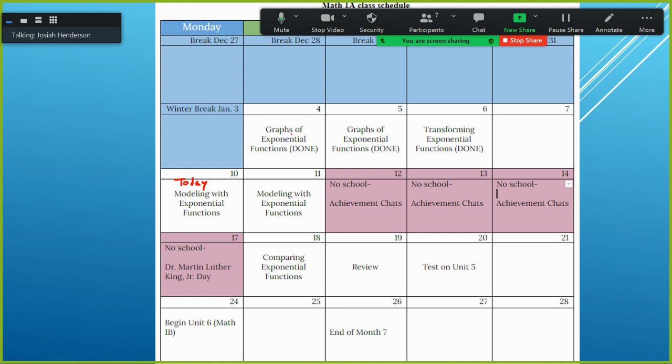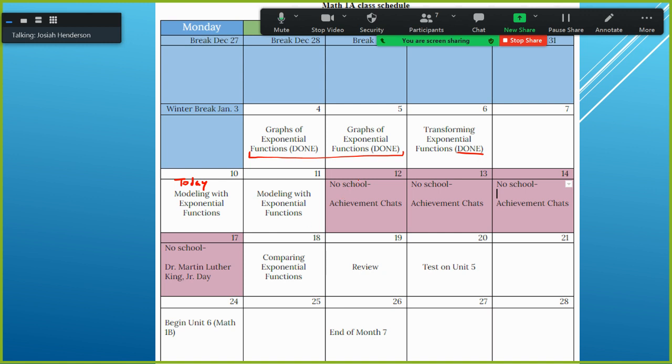So last week, we did the first two lessons, graphs of exponential functions. We did that on Tuesday and Wednesday. Thursday, we did the second lesson, transforming exponential functions. So that's done. Today, we're doing the next lesson, modeling. I'm going to give us 2 days for this lesson.